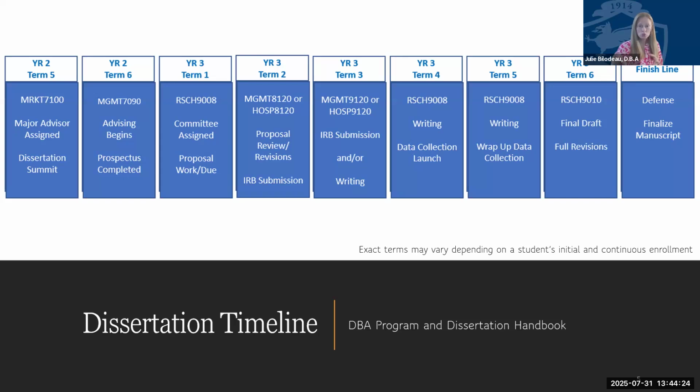It will be changed and tweaked maybe through the proposal process, but that's really the first time you're going to hit something specific on paper. In an effort to help you be prepared when you get to that step, we go through the different topics in the Essentials series, again, beginning with problem.